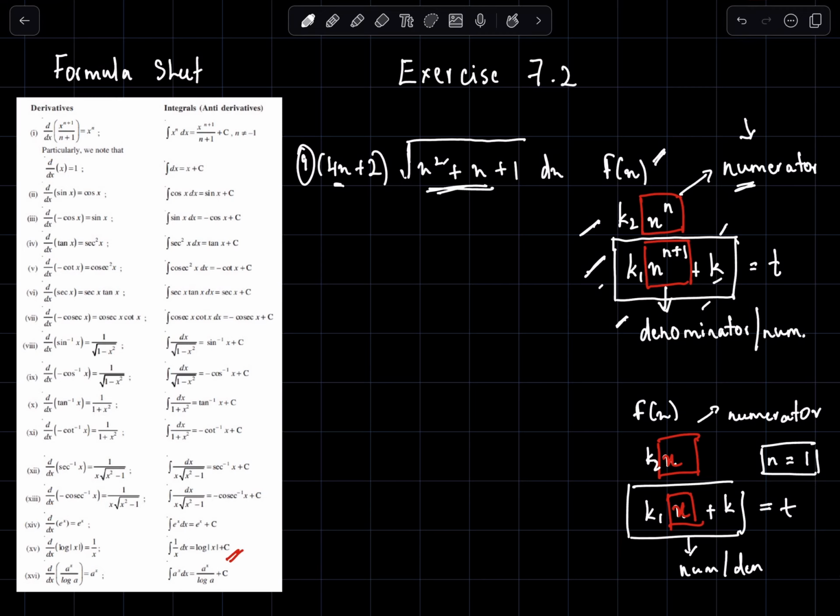Correct? All you have to do now is equate this to t. So x squared plus x plus 1 is equal to t. Now, what do we do? Differentiate. 2x plus 1 dx is equal to dt.